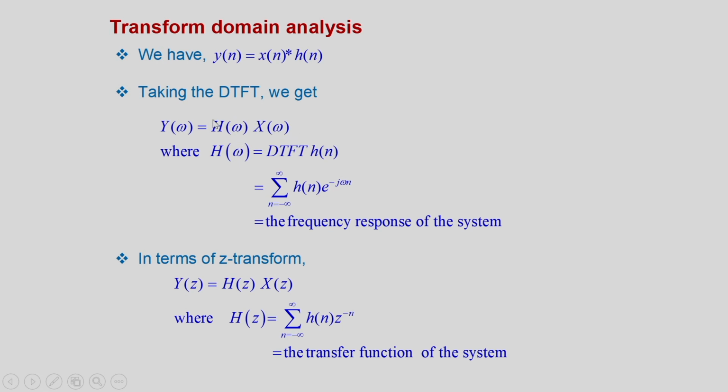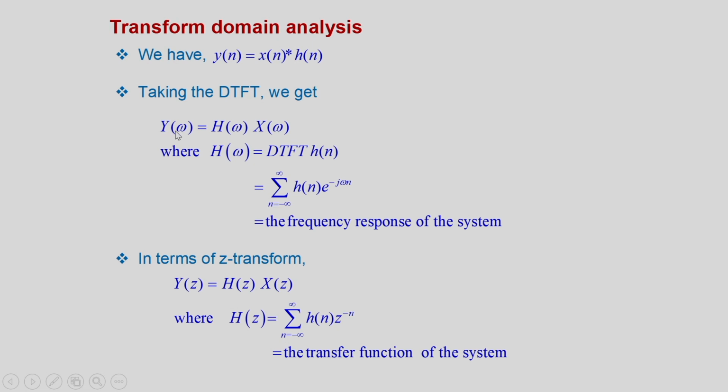Here H(omega) is the DTFT of h[n], and we can write it as the summation of h[n] times e to the power minus j omega n, n going from minus infinity to plus infinity. This is the DTFT of the h[n] sequence, and this term in system theory we call the frequency response of the system. H(omega) is the frequency response of the system.